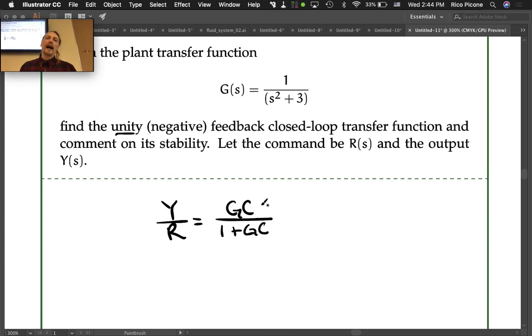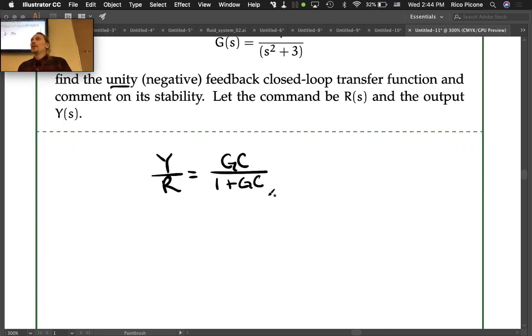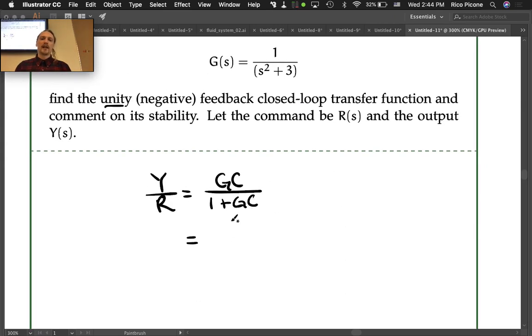Now, I don't mention a controller here, so assume that the controller is just 1, and we'll just say C is 1. If I gave a controller, we would put whatever that is in here. So we've just got G over 1 plus G.